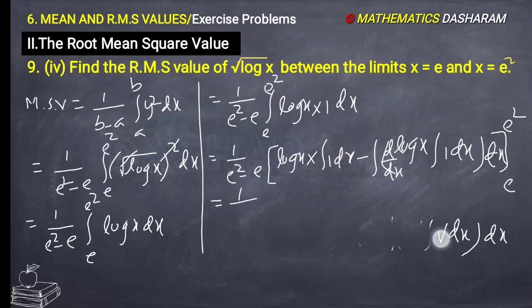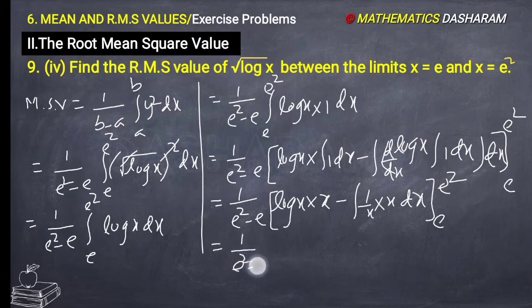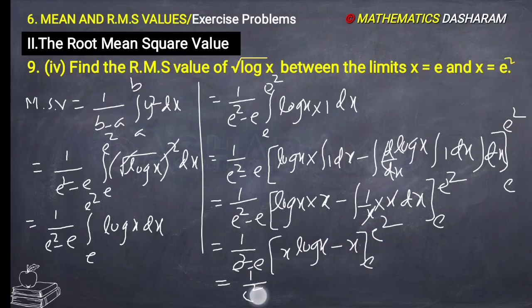So 1 by e square minus e, log x into integration 1 dx is x. Here the derivative of log x is 1 by x and integration of 1 dx is x, whole dx, e to e square. So 1 by e square minus e, x log x minus x, the x cancels, integration of dx is x, e to e square.